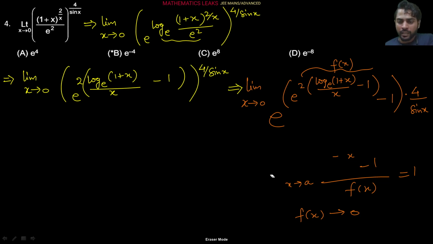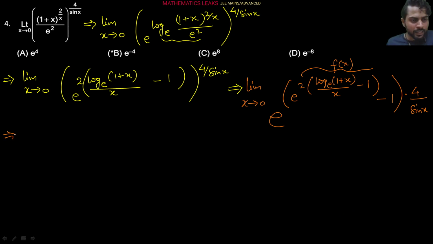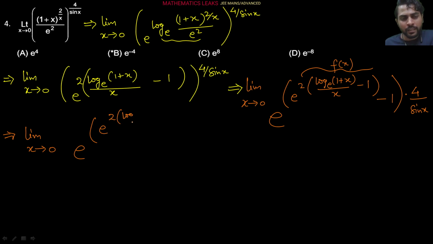Let me clear this and then let's see. This given quantity can be written as limit x tends to 0 of e to the power of 2 times log base e of (1 plus x) upon x, minus 1.